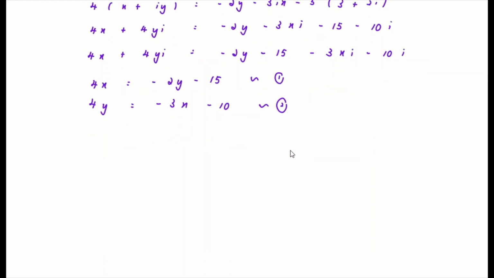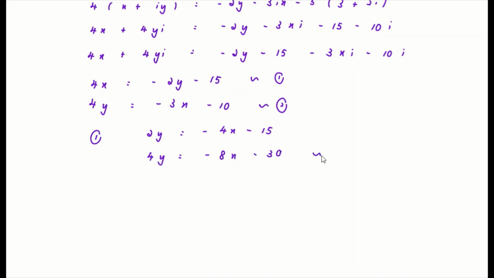Now we need to solve this simultaneous equation so that we can get our answer. It depends on you how you want to multiply and so on. I will try to do it by 4y, so I'll change number 1. I have 2y equal to negative 4x minus 15. When I multiply by 2, I get 4y equal to negative 8x minus 30.